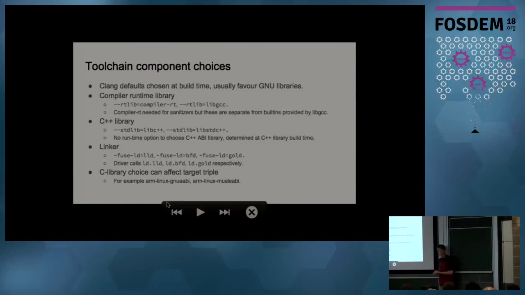Now, that actually makes quite a lot of sense if you're targeting a Linux system in that libgcc and various other Linux or GNU-like dependencies will already be on your system. So unless there's a particular reason for you to want to prefer the LLVM versions, it's best to stick with your platform default, but you can obviously make those choices there. I won't bother reading out the whole slide, but certainly, this C library choice can affect the target that you use.